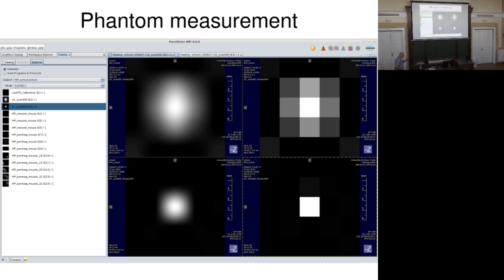Olaf already mentioned this, we showed there noise, frequencies, and regularization parameter.